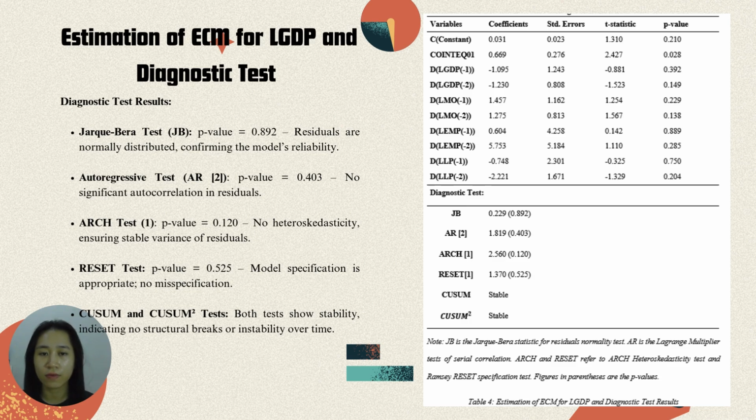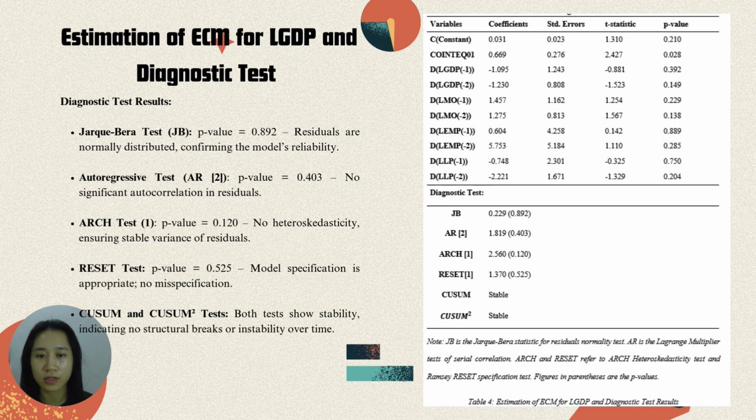The RESET test with a p-value of 0.525 indicates there is no model misspecification, so the functional form of the model is appropriate. Finally, both the CUSUM and CUSUM square tests show stability, indicating no structural breaks or instability over time.